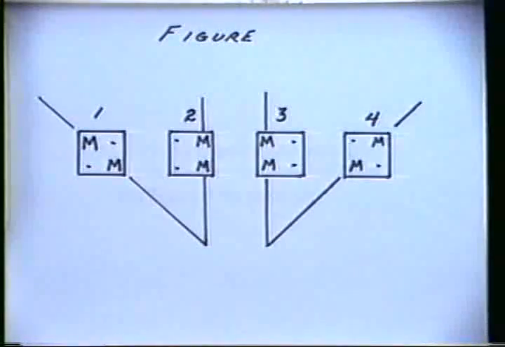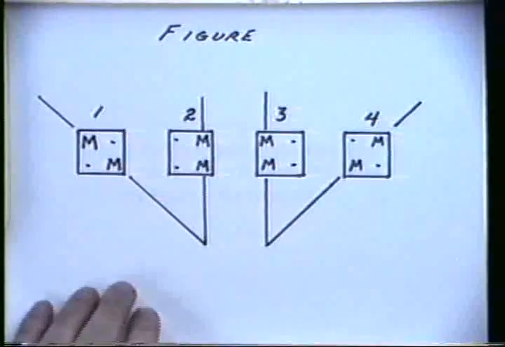The figure is the slightly more complex feature of the categorical syllogism, and it has to do with the placement of the third term, or the so-called middle term, within the two premises of an argument. In fact, if we look over here at this fancy little diagram, this may be familiar to you.